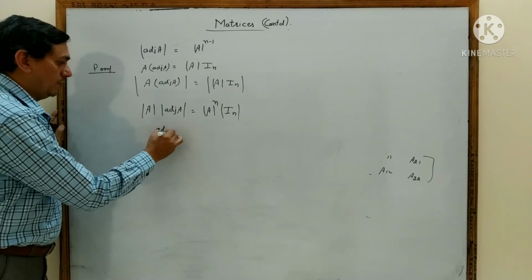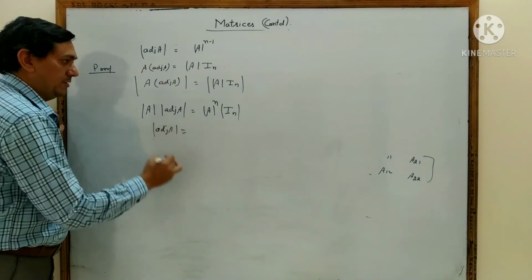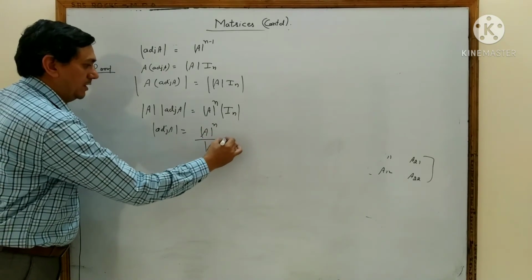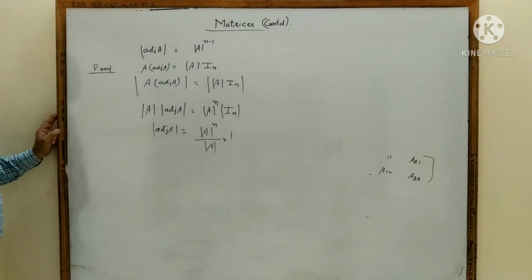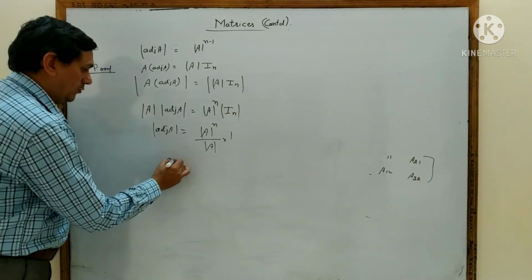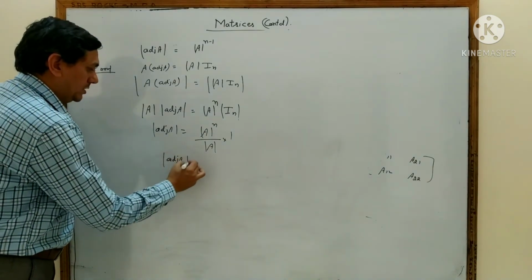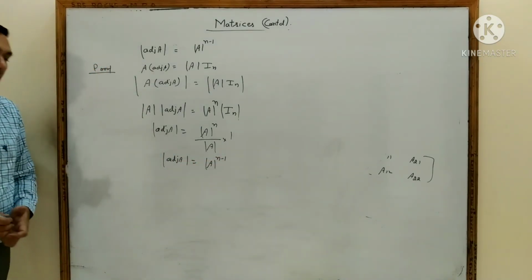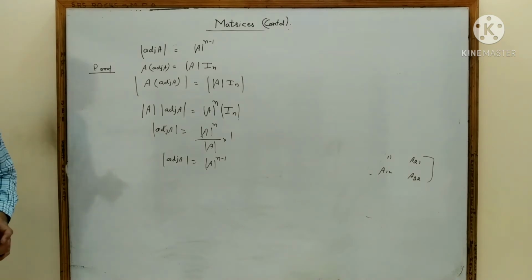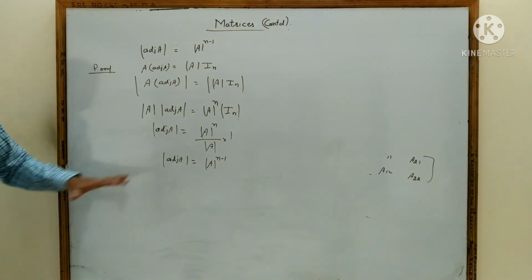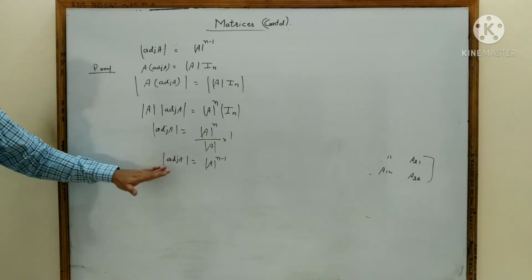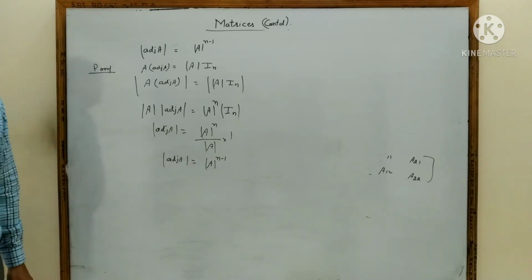So determinant of A times determinant of adjoint of A is equal to determinant of A raised to power n, and the determinant of an identity matrix is 1. So we come to the conclusion that the determinant of adjoint of A is determinant of A raised to the power n minus 1. When A is a matrix of order 2 by 2, the determinant of adjoint of A and determinant of A will be equal.